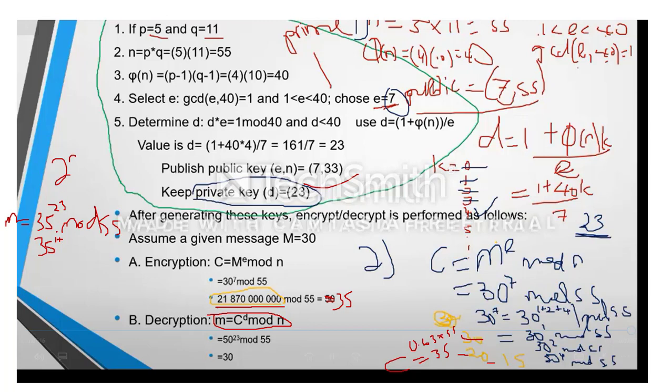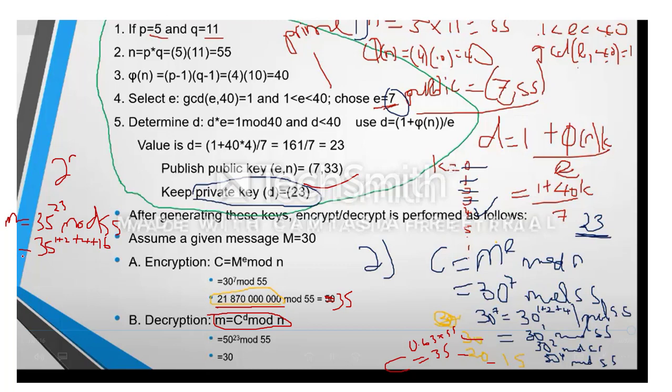So if it's 0, this becomes 1, if it's 1, this becomes 2. If it's 2, this becomes 4. Now 4 plus 2 plus 1, that's 7. 7 plus 16 gives 23. So we omit 8 and we go straight to 16.